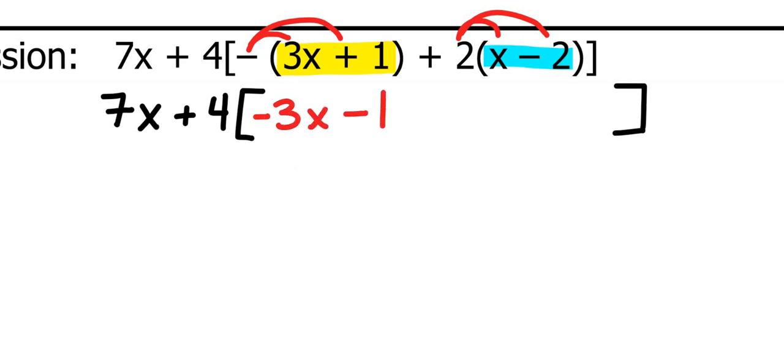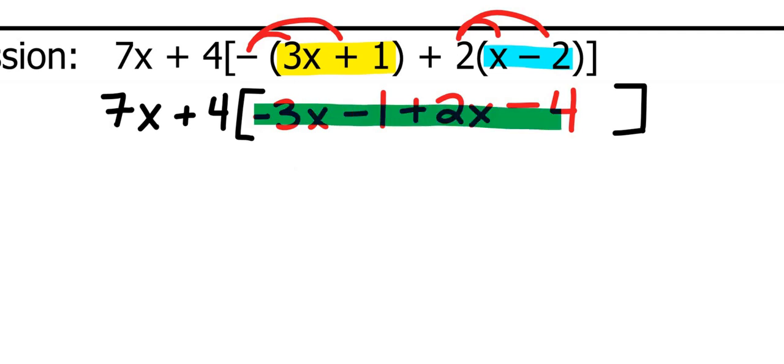And now with the blue parentheses, positive 2 times x is plus 2x. Positive 2 times negative 2 is a negative 4. Okay, so now everything inside of here looks a little bit cleaner, but I can still combine some terms here.